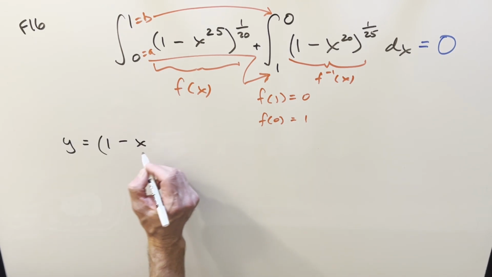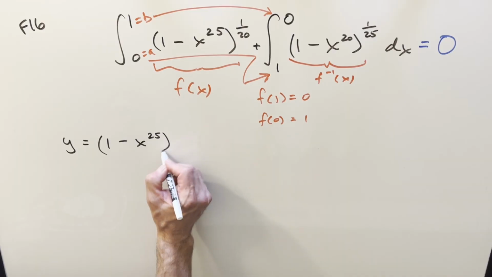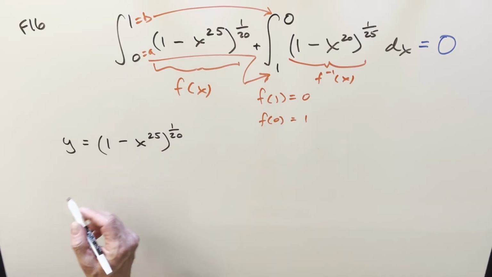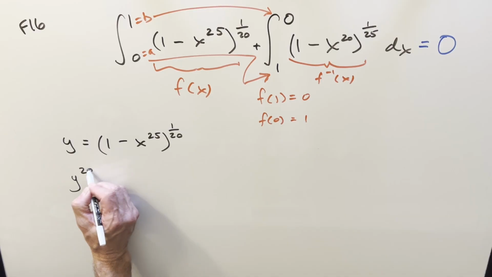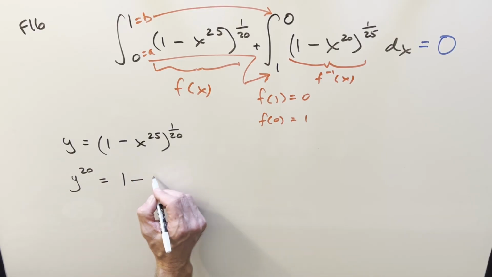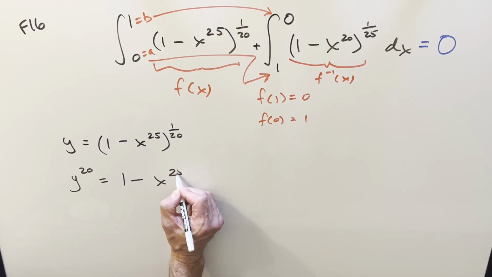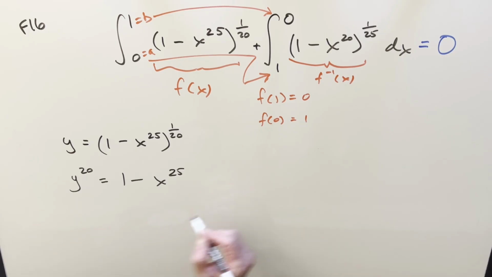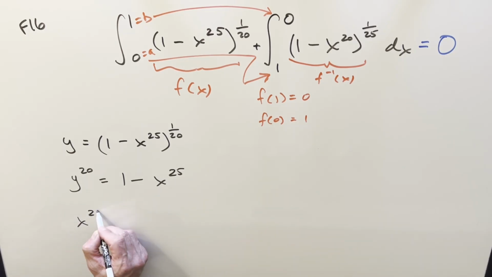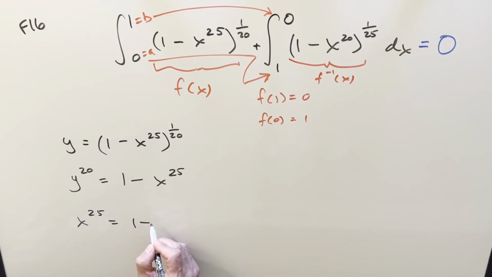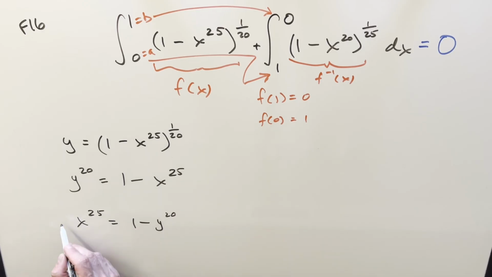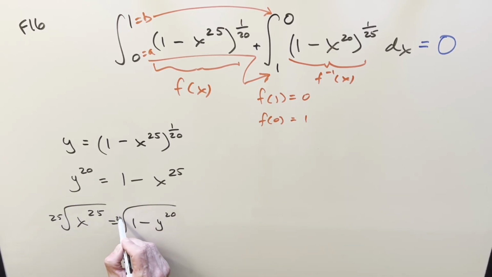Then all we need to do to determine if they're inverses is just solve for x. So first thing we do is take the 20th power on both sides, and that's going to clear it on this side. And then, just rearranging, we get x to the 25th equals 1 minus y to the 20th. And then I can take the 25th power on both sides.